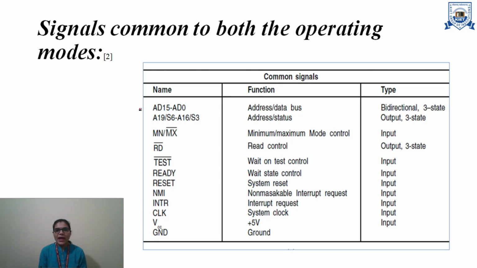In these control signals, we have multiplexed address and data buses, address and status pins, minimum maximum mode selection pin, read pin, test, ready, reset, non-maskable interrupt pin, clock, and power supply pins. So these are the common signals to both the operating modes.